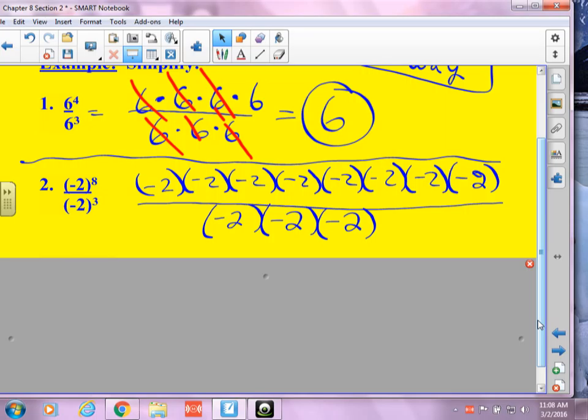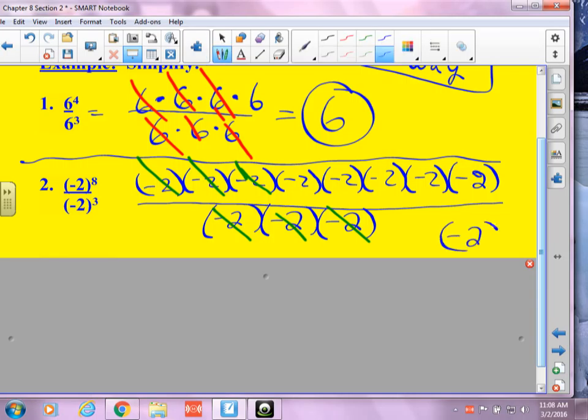So you got 8 in the numerator and you got 3 in the denominator. And then you get to cancel them out. So here we go. Now, how many negative 2's do I end up with? 5. I end up with 5 negative 2's.